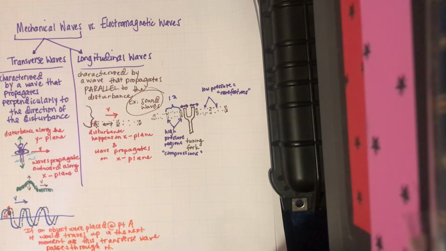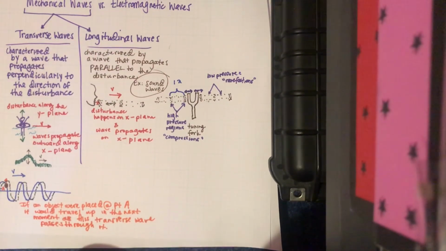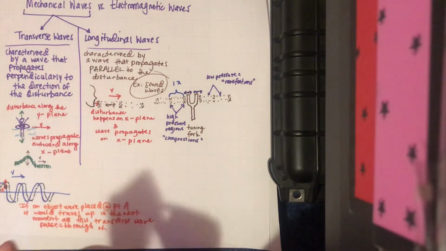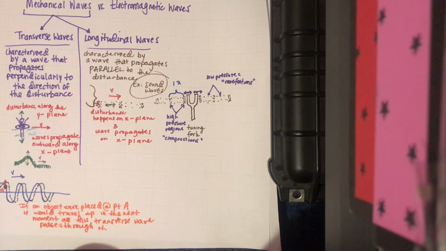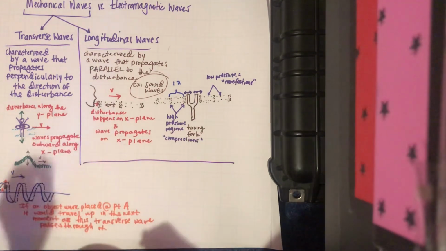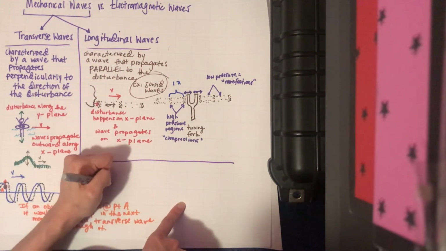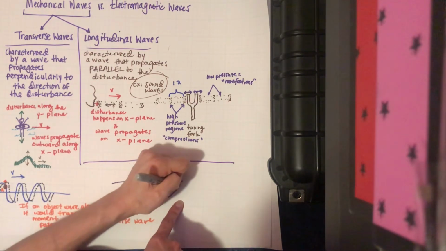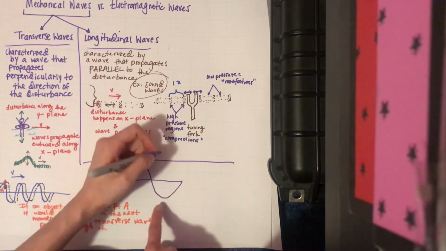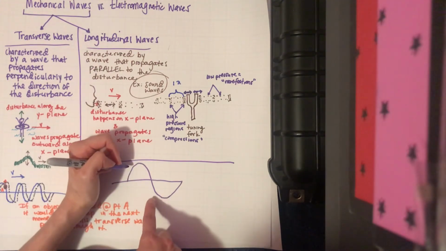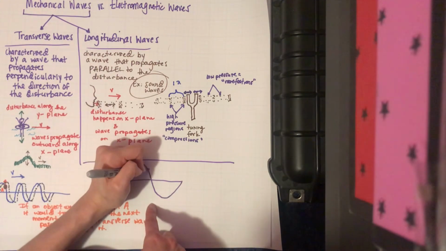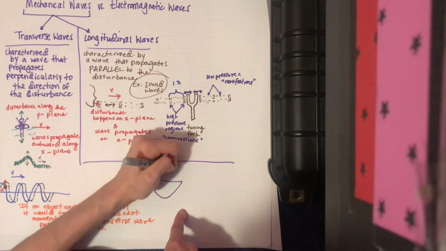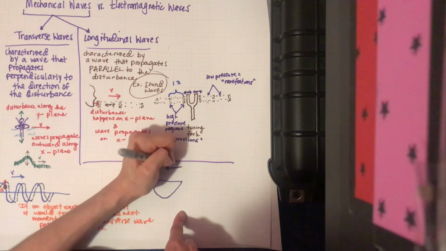Okay, so let's do one more of those. So this is again a transverse wave, so let's just separate longitudinal so we don't get confused. So let's say I have another wave, and let's say I have something like this, and let's say my point is, let's go right over here, we'll call this point B. And now let's have this transverse wave traveling to the left.